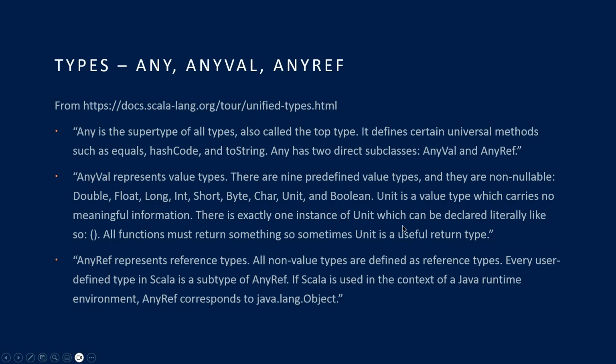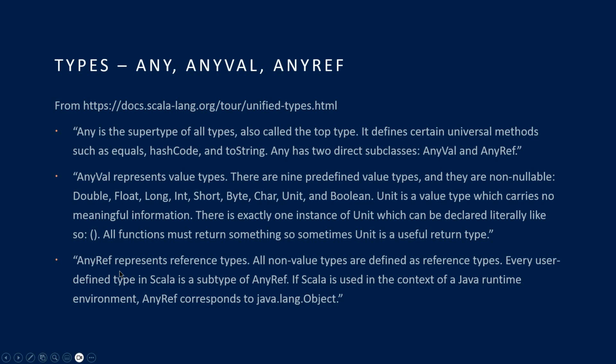There's exactly one instance of Unit, which can be declared literally like so, empty brackets. All functions must return something, so sometimes Unit is a useful return type. That's why, because functions have to return something.